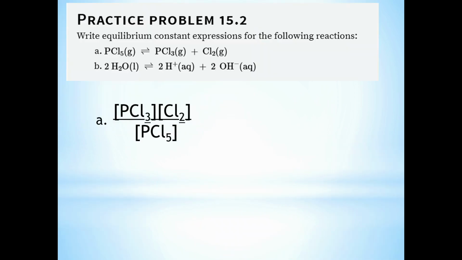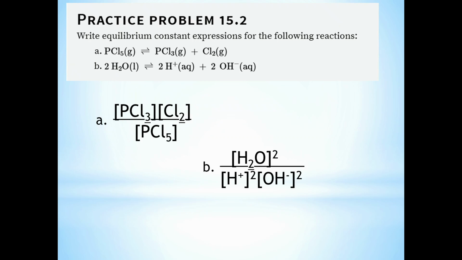So if I'm going to write an equilibrium constant expression, it is just products over reactants: concentration of PCl3 times Cl2 divided by concentration of PCl5. For the second one, where I have 2 H2Os and 2 H pluses, those stoichiometric coefficients become exponents.